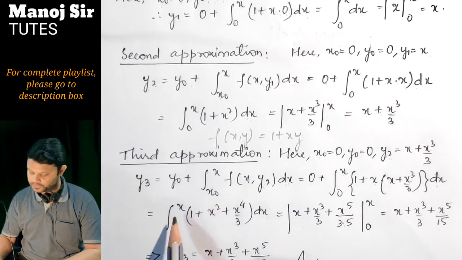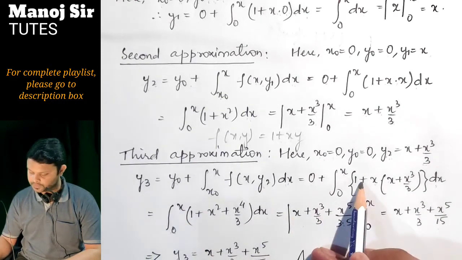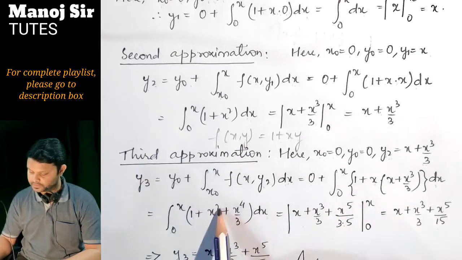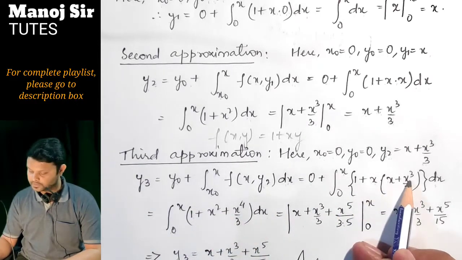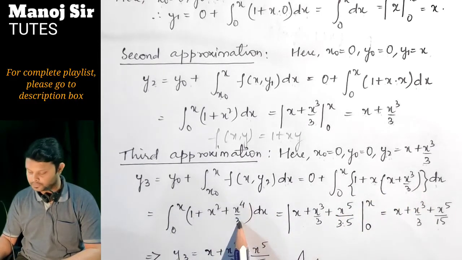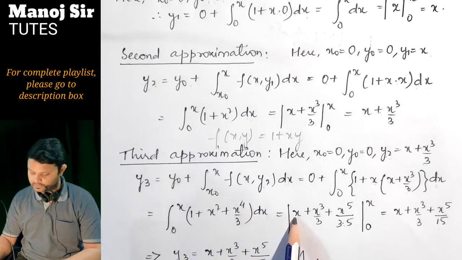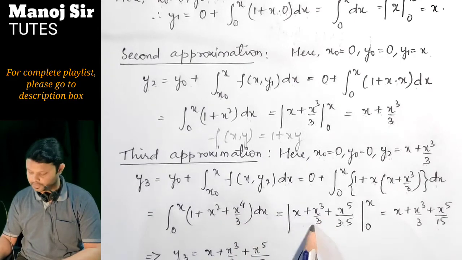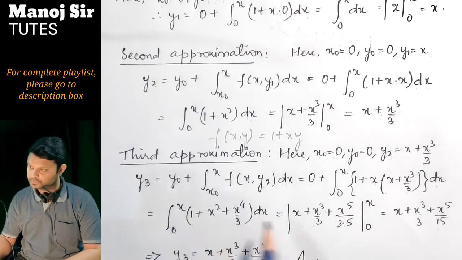On solving this, the integral from 0 to x of x plus x into it, that is x square, plus x into x cube upon 3, that is x to the power 4 upon 3, dx. Now simply solve this integration. This will become x, this will become x cube upon 3, and this will become x to the power 5 upon 3 into 5. Again the limits go from 0 to x.